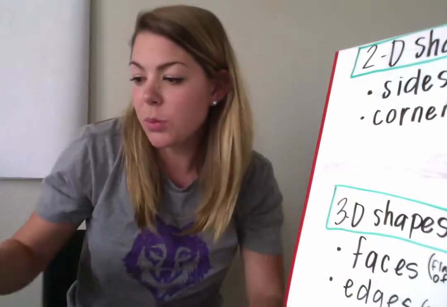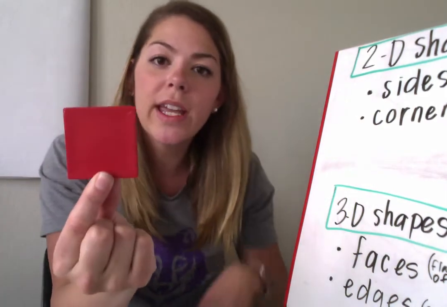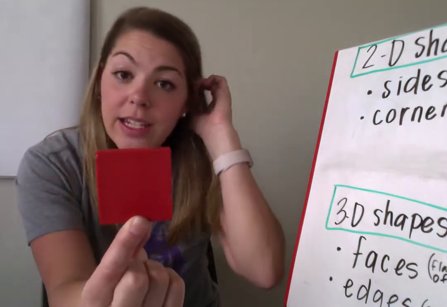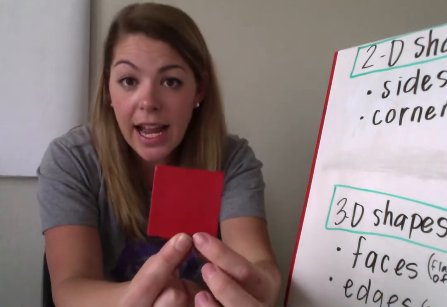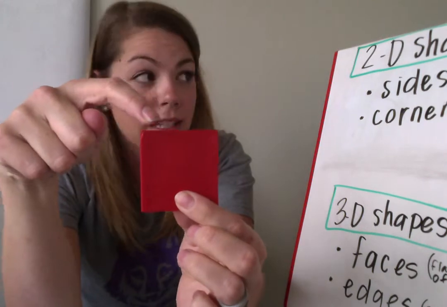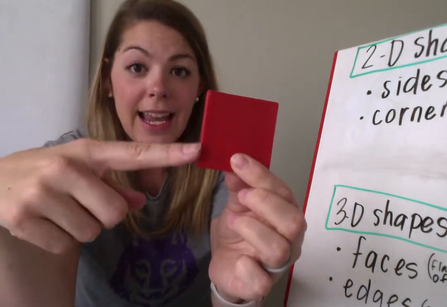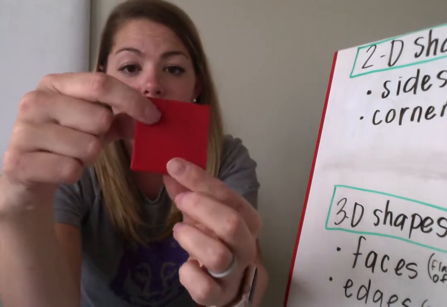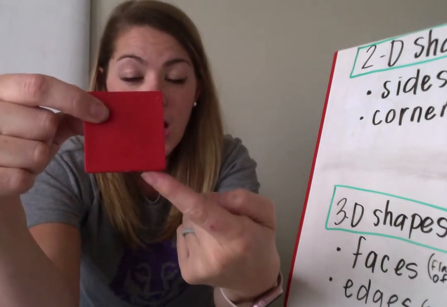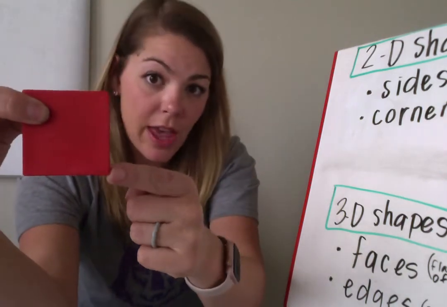The other shape that you're probably really familiar with is a square. Okay, a square, when we're talking about a square that is a flat shape, has sides and corners as well. It has one side that is a line that makes part of the flat shape. We have the second line that makes part of the flat shape, a third line, and another line that makes part of this flat shape.